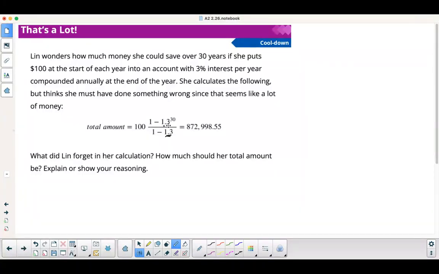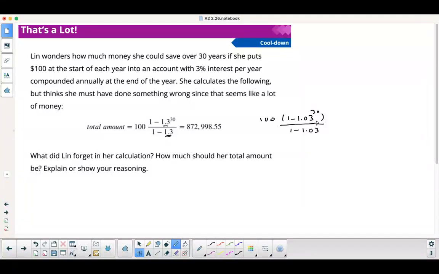She did 30%. It should be 100 times 1 minus 1.03 to the 30th, divided by 1 minus 1.03. So I would say there that she plugged in an interest rate of 30% instead of 3%.